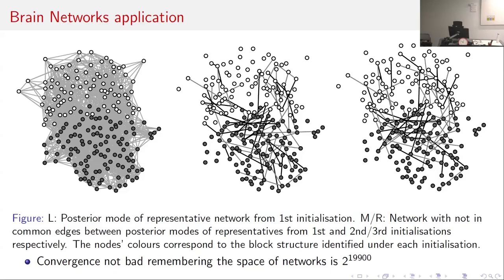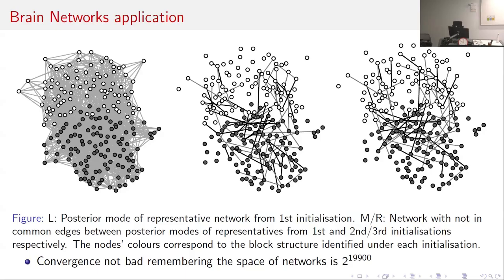The shade of the nodes indicates the block structure recovered, while the middle network shows only the not in common edges between the posterior mode for the network representative under the first initialization and the posterior mode under the second initialization. So that was a way to see how different the posterior modes are under each initialization.